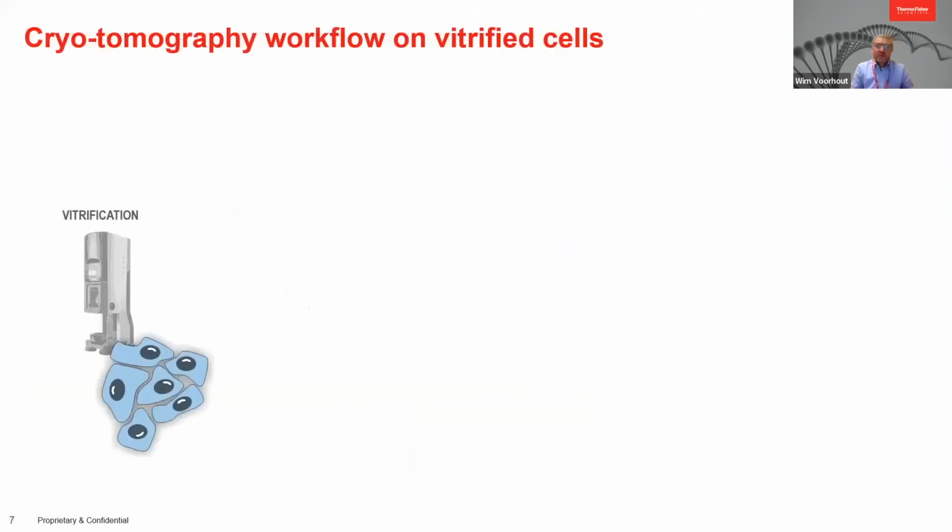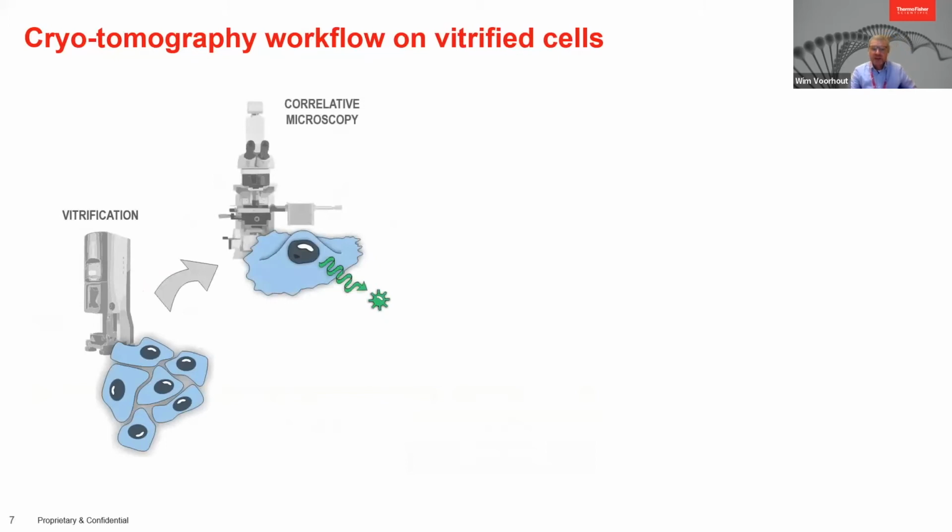So how does that workflow then look? You can culture cells on a grid, and for this whole workflow, basically we start immediately on the autogrids that also go into the cryo-EM. Then after the vitrification, in most cases, you want to know where you want to mill to get your area of interest into such a thin lamella.